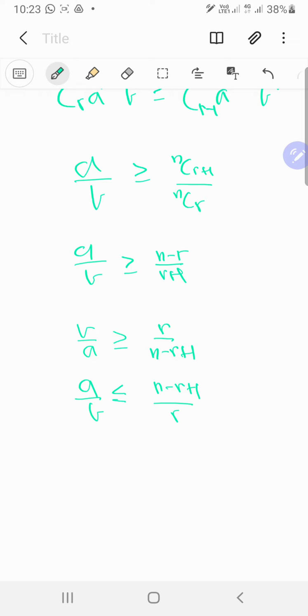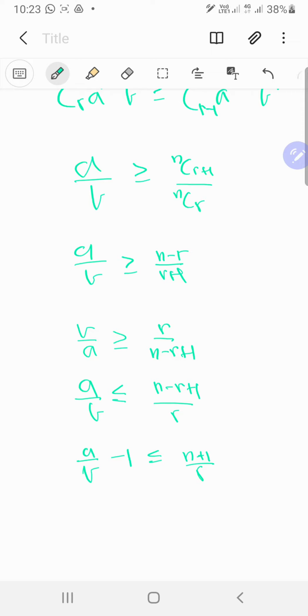Could we do something else maybe? No, I don't think so. So that should kind of work, but let's see what we can do. It's like a upon b minus 1 is less than or equal to (n+1) upon r. All right, so how is that helping?